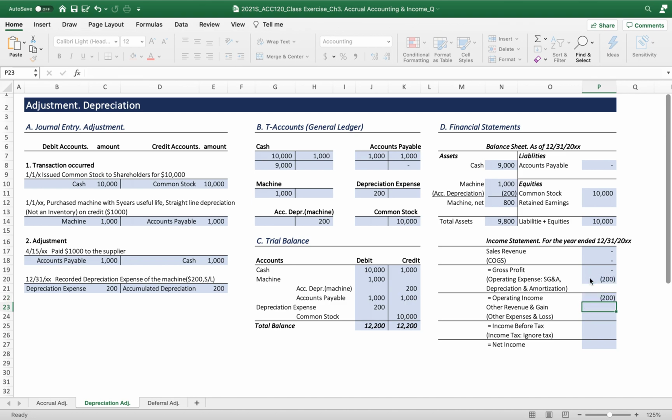Then 200 minus 200 is net income, so it should be recorded in the retained earnings. Then total assets and liabilities plus equity balance out at 9,800. Okay, this is it.